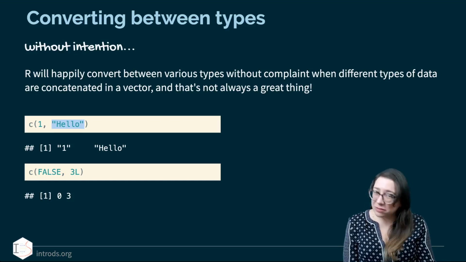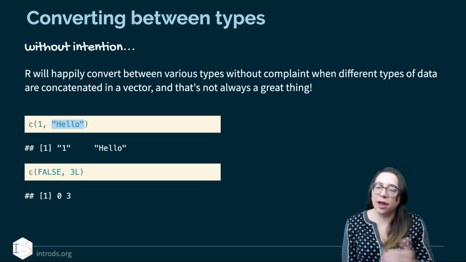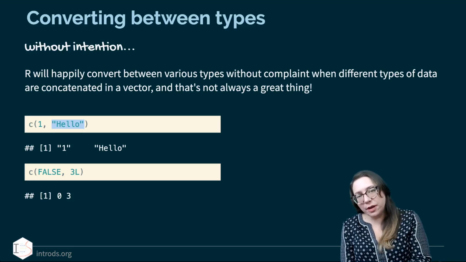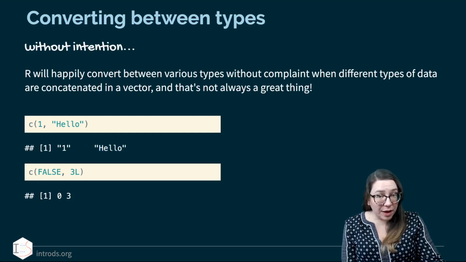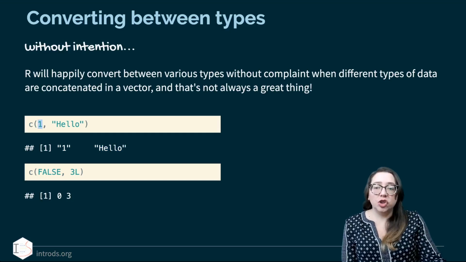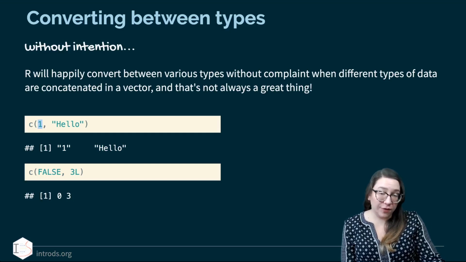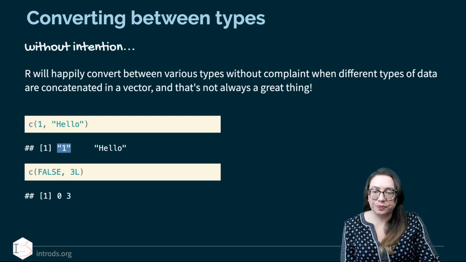The word hello doesn't really map to a number, so it says, okay, I'm going to go the other way. I'm going to turn the number into a character string. So overall, we get a vector that has two character strings in it. And so this going from the number that we had given it to the character string that it converted to is called type coercion. Here, I have a FALSE and then an integer.